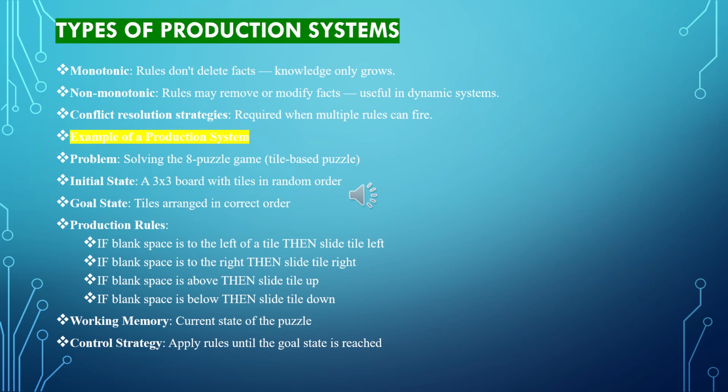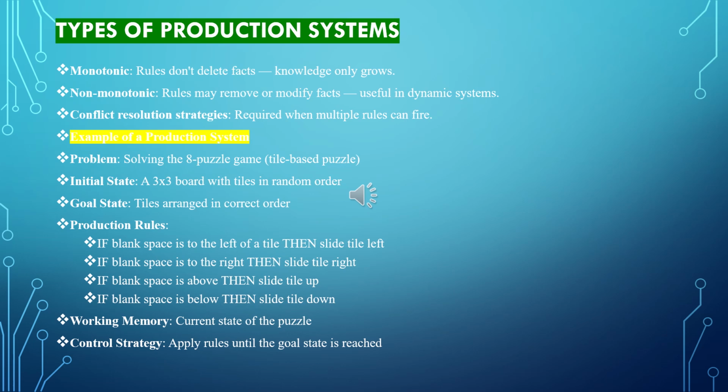The next examples of production systems are the 8 puzzle problem, the water jug problem, and the 3 by 3 board of random order. The first step is to define the initial state and the goal state, and there are 5 to 6 steps to solve it.